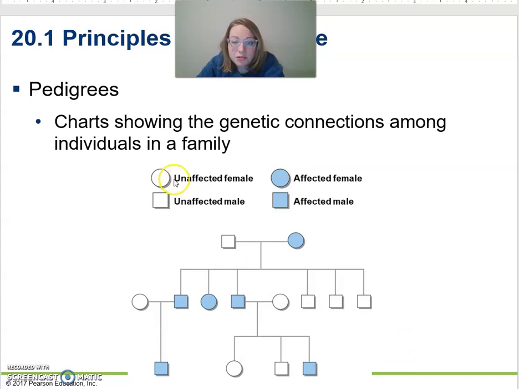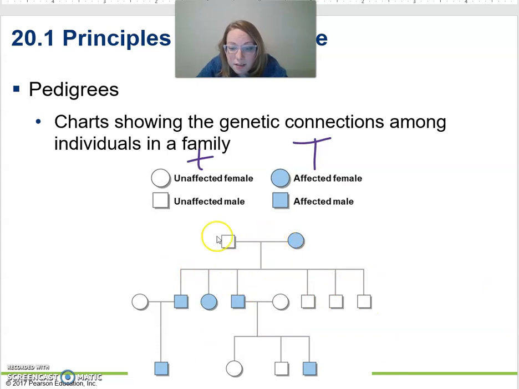You usually do circles for females, squares for males, and then fill in for the affected ones. So let's say tongue rolling versus no tongue rolling. And then you could see with a bigger picture a pattern.